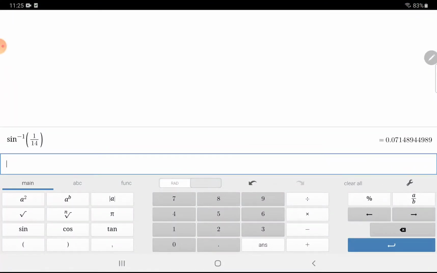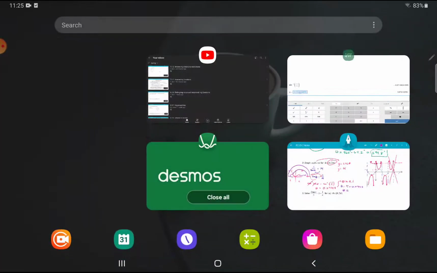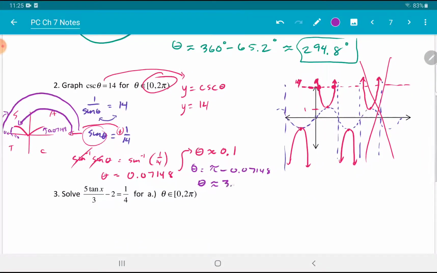We'll do pi minus answer, and that'll give us a value of 3.0701, which rounded to the nearest tenth is 3.1. So our two answers for this problem are 0.1 and 3.1.